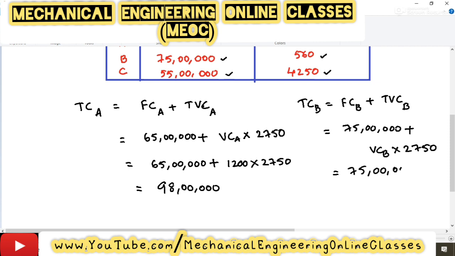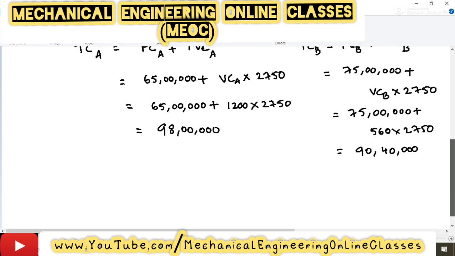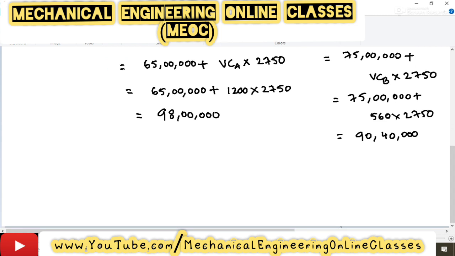So it is 75 lakhs plus 560 into 2750. So if I calculate it, it will be 90 lakhs 40,000 rupees.